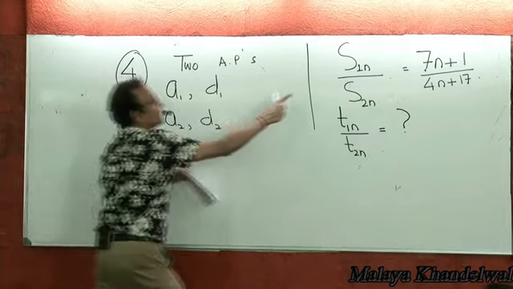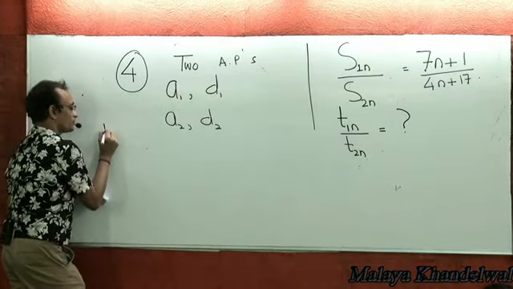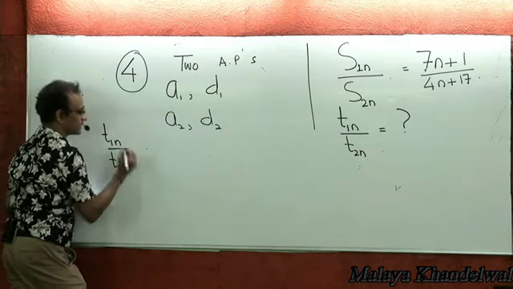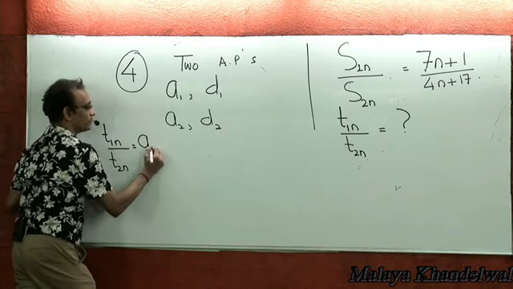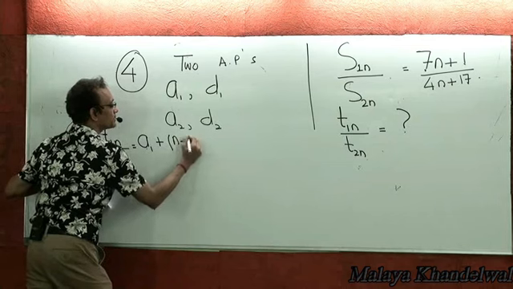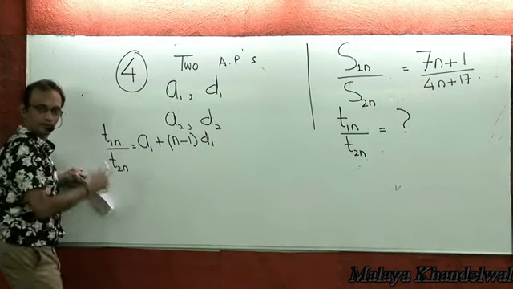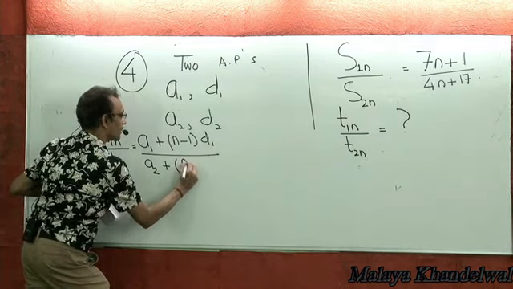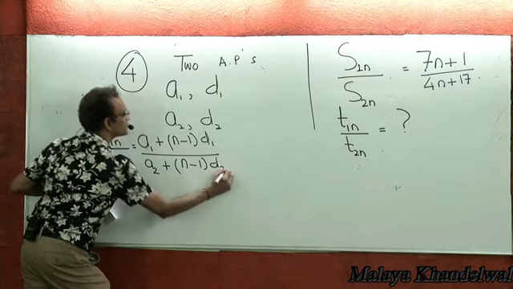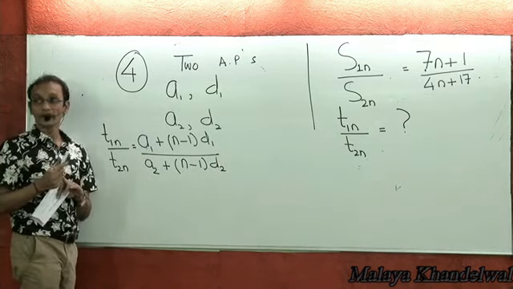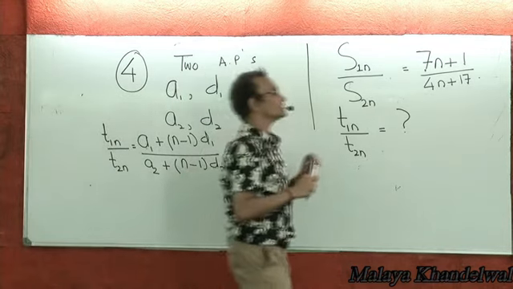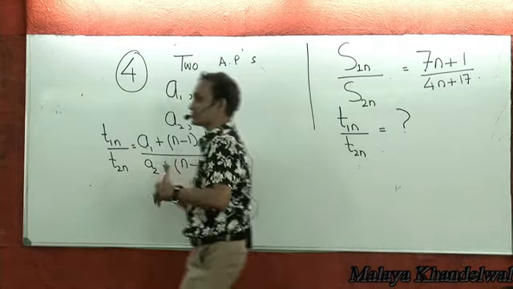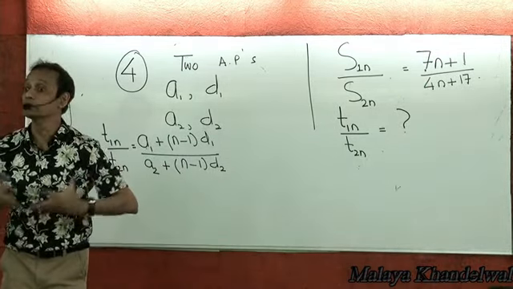Now, let me come down to this with what we need. The nth term of the first AP or the nth term of the second AP, what's this going to be? A1 plus n minus 1 into d1, nth term of the first AP. Nth term of the second AP is going to be a2 plus n minus 1 into d2. That's the nth term of the second AP. Right? Now what I want to really achieve is somehow convert this expression into an expression in terms of a sum.